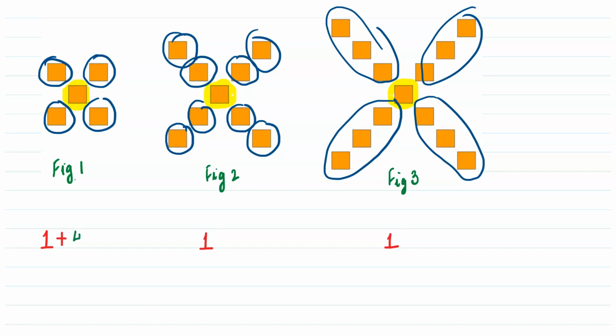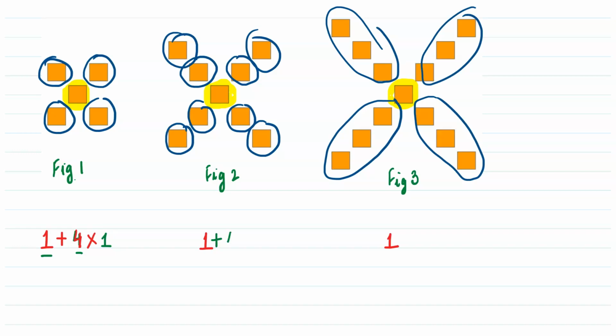So we will do 4 corners, and in each corner there is 1 tile. So notice that the number of corners is fixed. The central tile is fixed. Only the number of tiles on each corner will be changing.